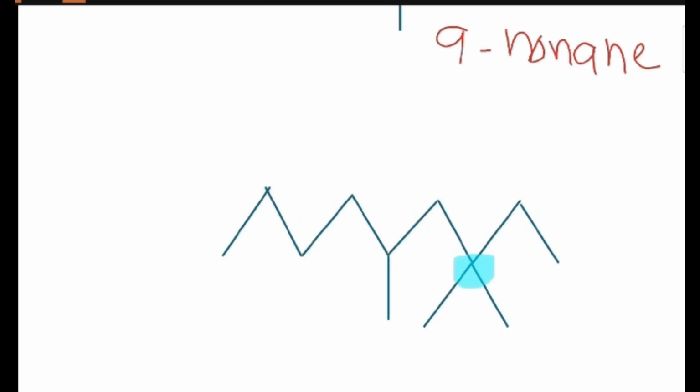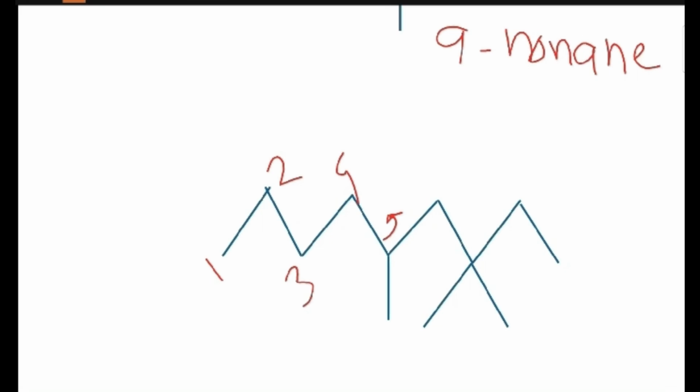Our next step is to identify the branches. We can clearly see there are 3 branches, and according to our rule number 3, we will try to start numbering from the carbon that is closest to a branch. Even though we can see which carbon is closest to the branch, we will still check.